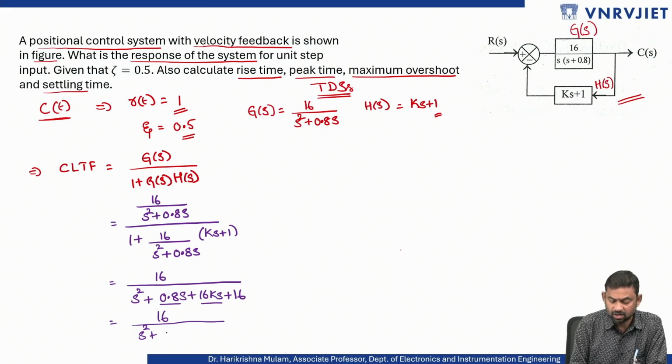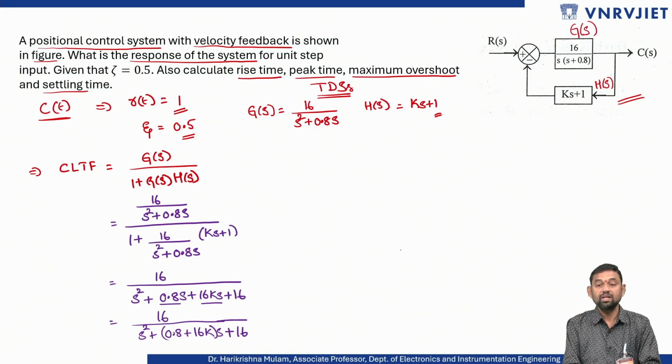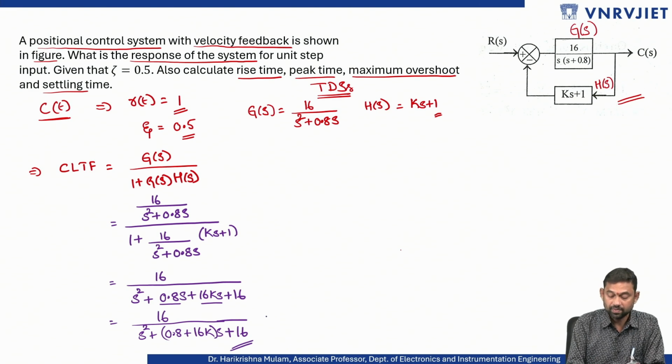If you take S out, it will be (0.8 plus 16K) times S plus 16. So this is the transfer function of the system, of course, in terms of K.